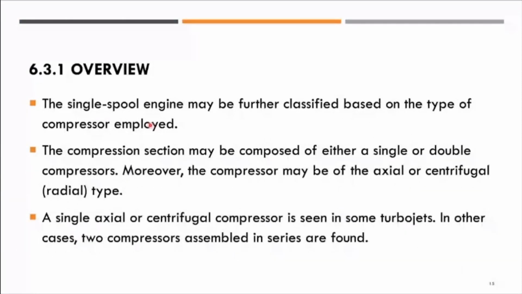The single spool engine may be further classified based on the type of compressor being used, and the compression section may be composed of either single or double compressors. Moreover, the compressor may be of the axial or centrifugal type. A single axial or centrifugal compressor is seen in some turbojets. In other cases, two compressors assembled in series are also found.